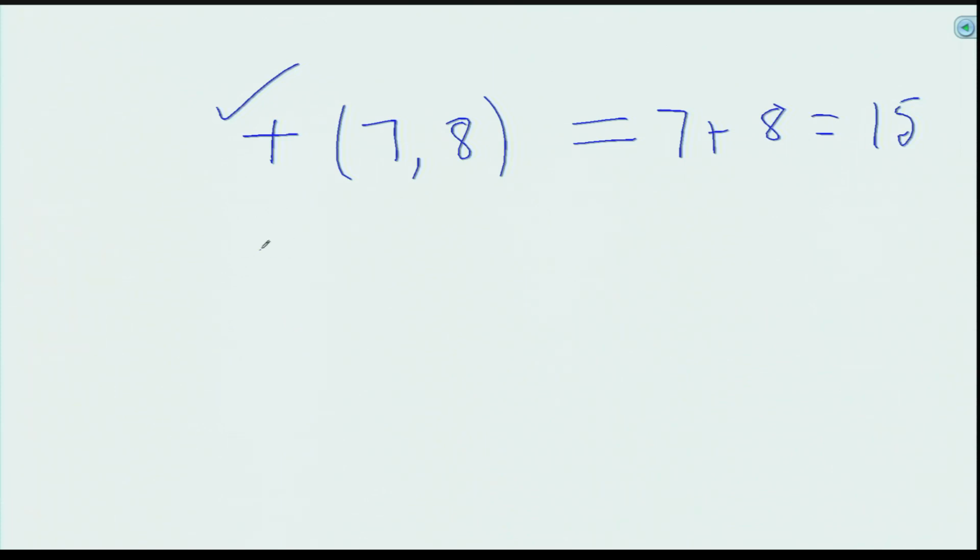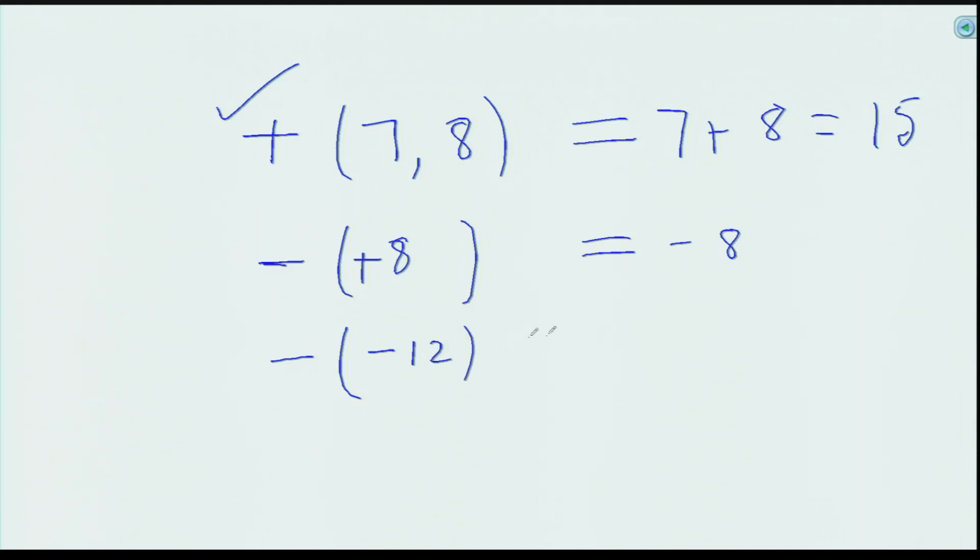How does it work? It takes only one operand, say 8, and when the minus operator is applied on it, what you get is minus 8. And when the unary minus operator operates on minus 12, what you get is 12. Thus you have binary operators and unary operators on numbers.